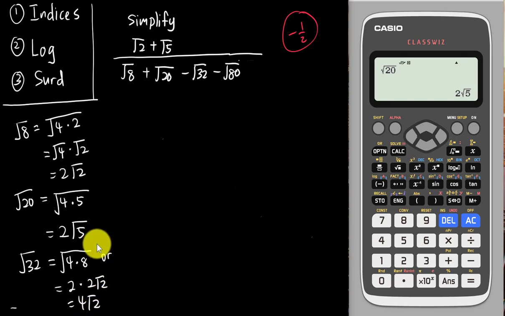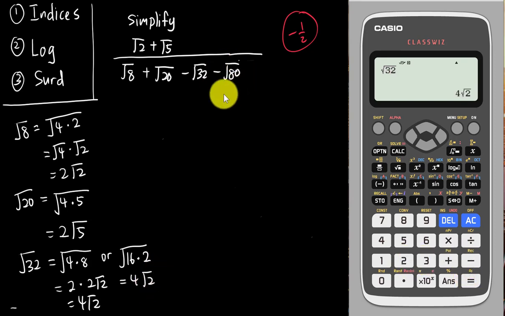Or, because the perfect square number is not only 4, I know 32 can be divided by 16, and 16 is a perfect square number. So I prefer to use 16 times 2. Then square root 16 is 4, and surd 2 is just square root 2. Let's have a look at the calculator. Square root 32 is 4 surd 2.